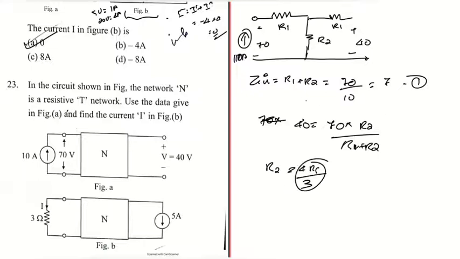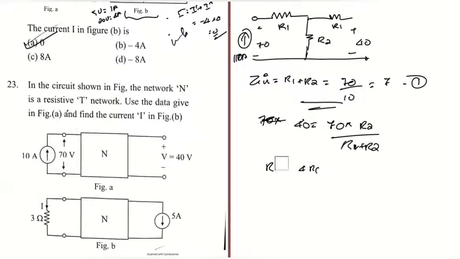Substituting this in the first equation, I get R1 plus 4R1 divided by 3 equal to 7. So R1 equal to 3 ohm and R2 equal to 4 ohm. Okay, so I got R1 and R2's values.